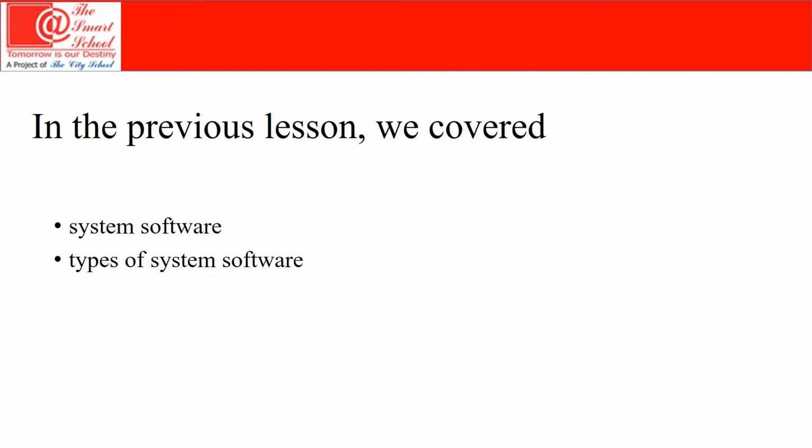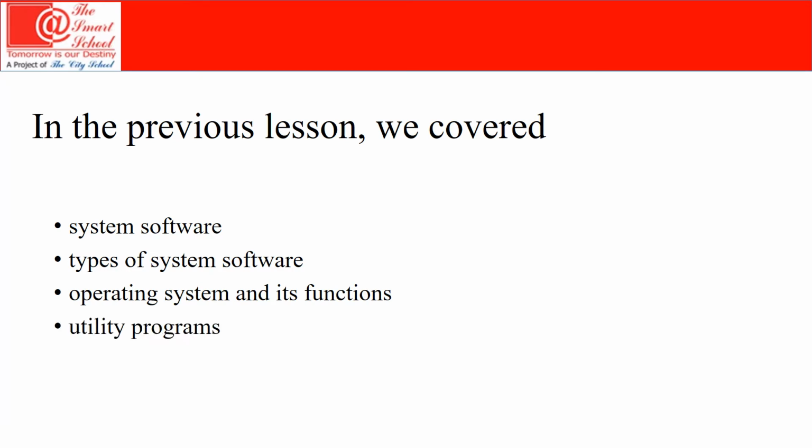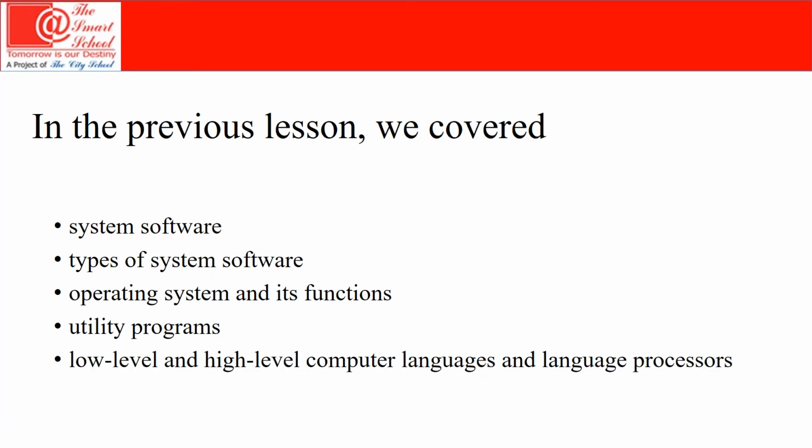Students, I hope you are now familiar with the functions of system software, types of system software, operating system and its functions, utility programs, low-level and high-level computer languages, and language processors. Students, if you want clarity on any of these topics once again, I suggest you go back to video lesson number 1 and watch that video lesson again.